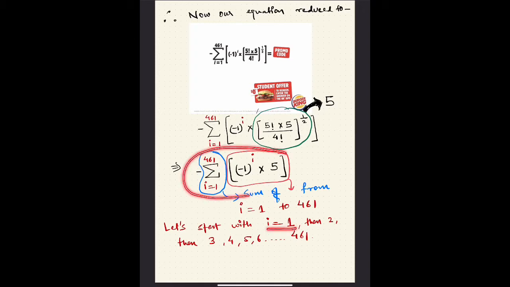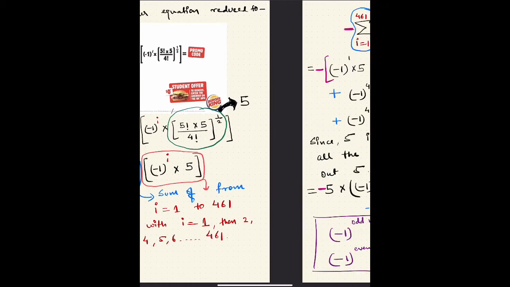With this entire expression, we'll first substitute i equals 1, write the entire expression, add another expression with a value of i equals 2, then add another expression with a value of i equals 3, and so on until 461.